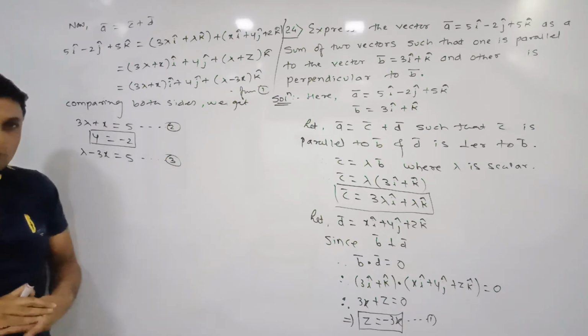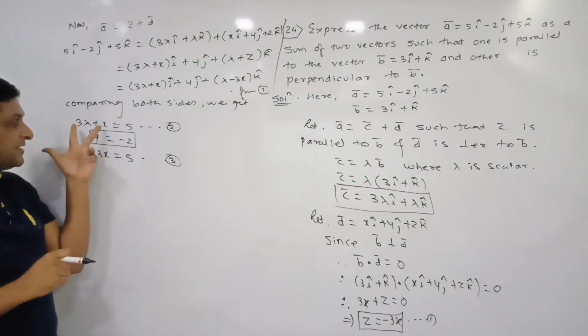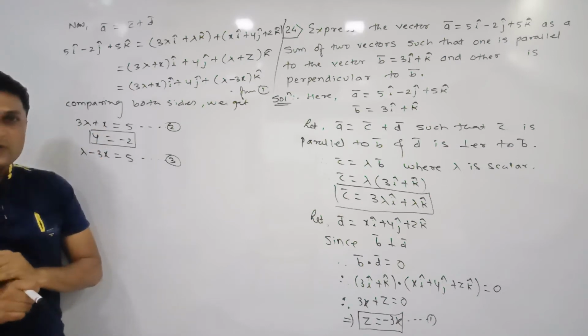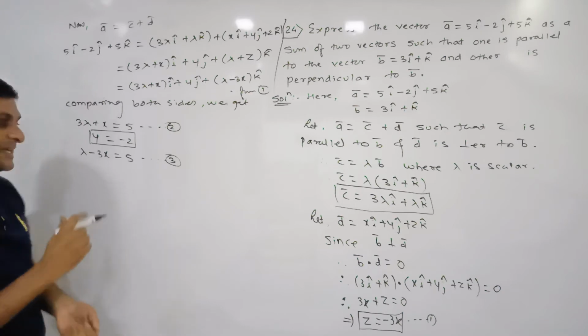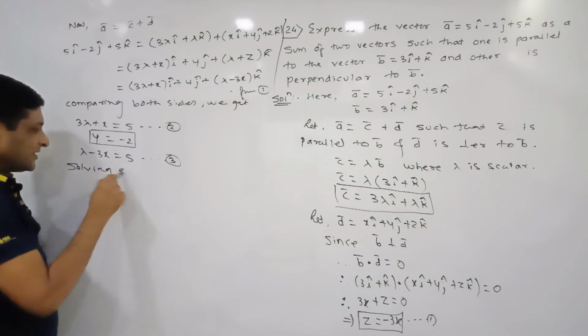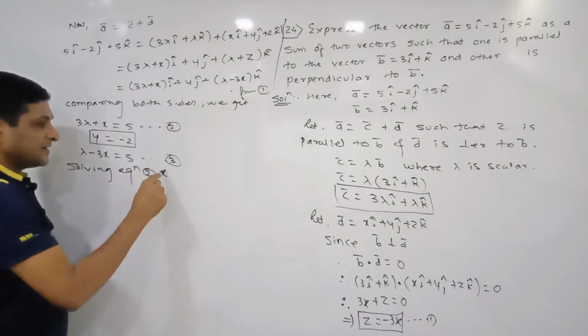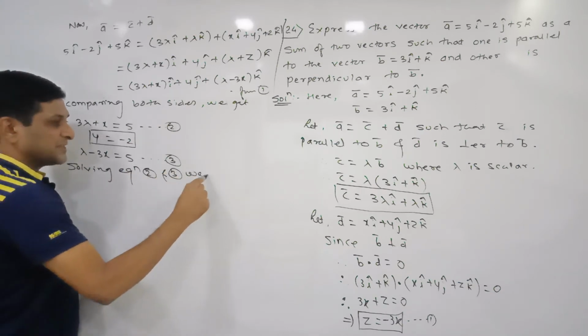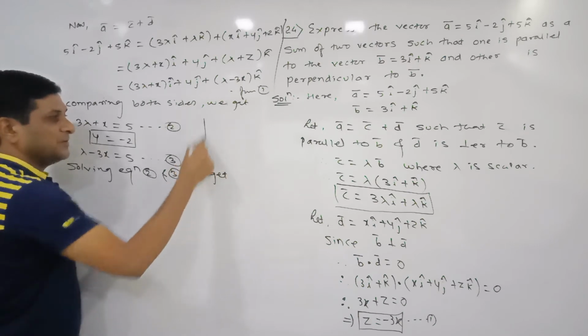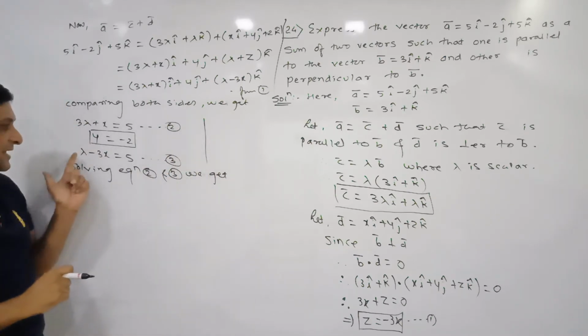Now if you observe, both equations are in terms of x and lambda. By solving these two equations, we will get the values of x and lambda. So solving equations second and third, we get: we are not solving this equation in full here, orally we will find the values of lambda and x.